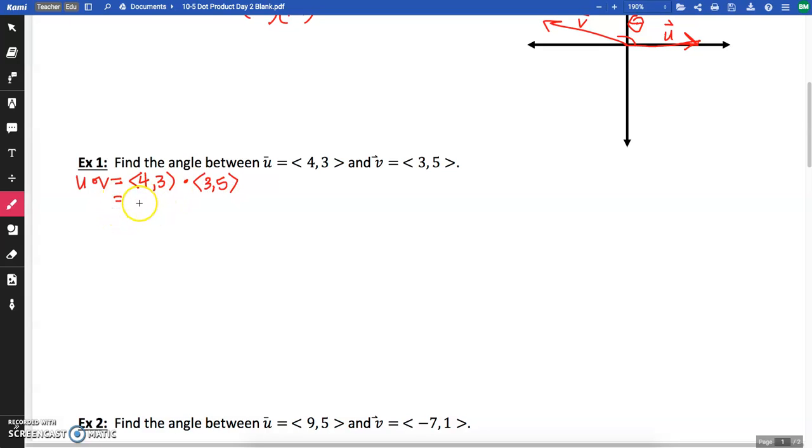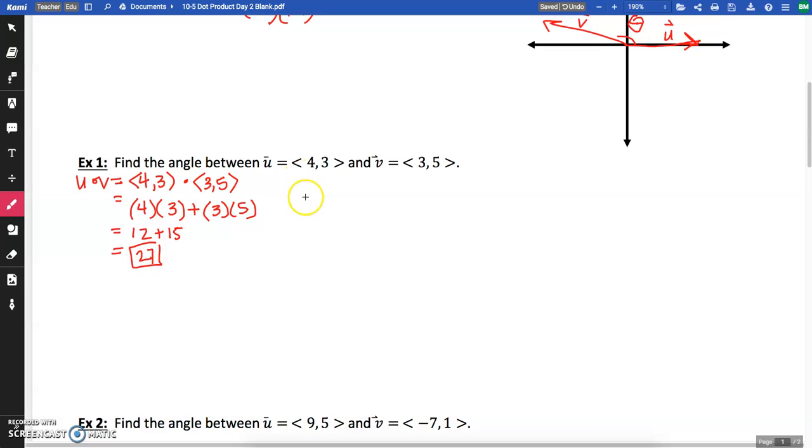We multiply the corresponding pieces and add those together. So 4 times 3, plus 3 times 5 equals 12 plus 15. So our dot product gives us a value of 27.